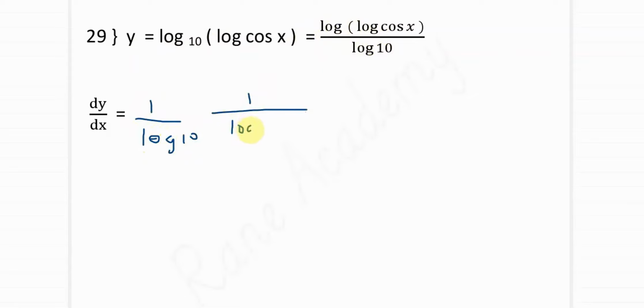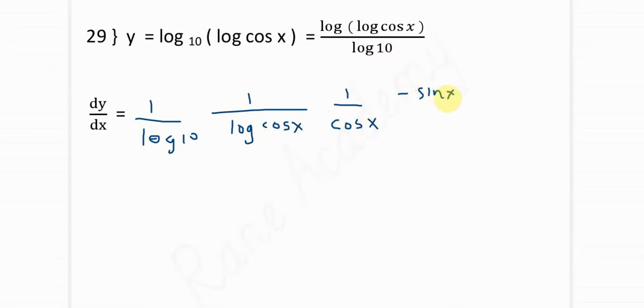Now here instead of x what do we have? Log cos x. So the derivative of log cos x is 1 upon cos x. Further, the derivative of cos x is minus sin x.